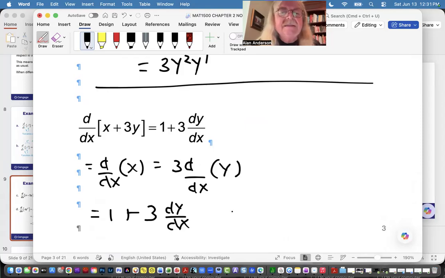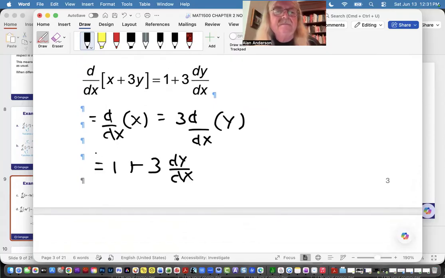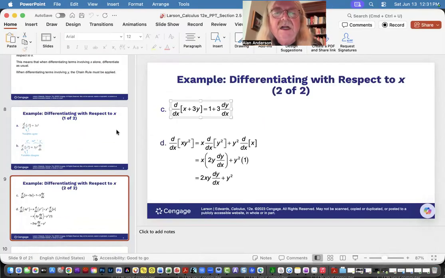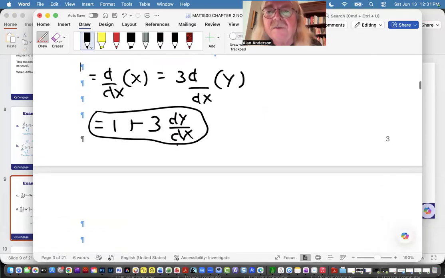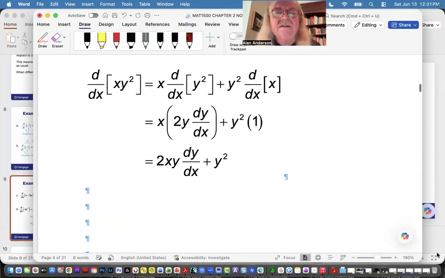Okay. So now what about the next one? Now this one's a little bit more challenging because you can see it's going to involve the product rule. Yes, it is. Okay, so let's remind ourselves how that works.